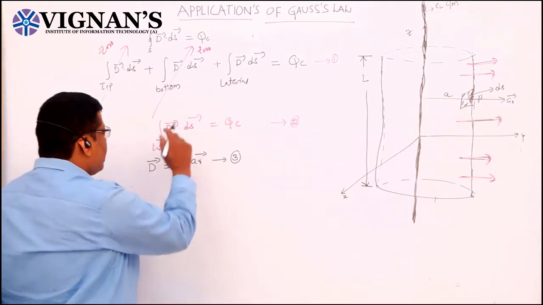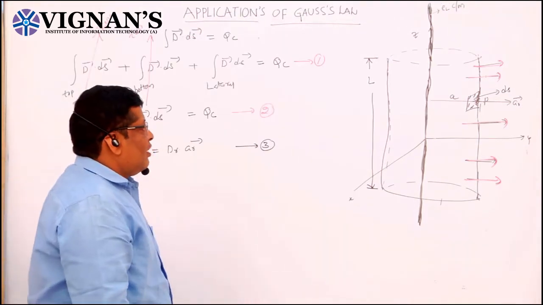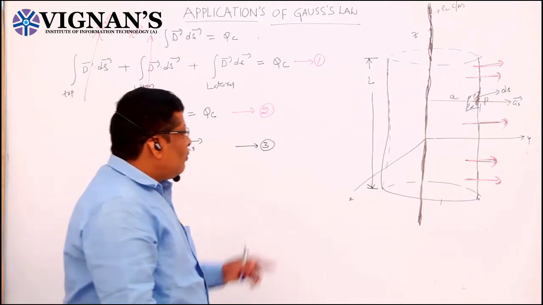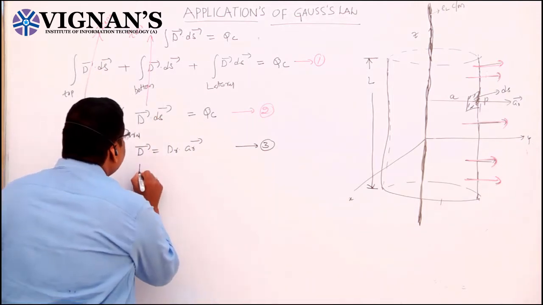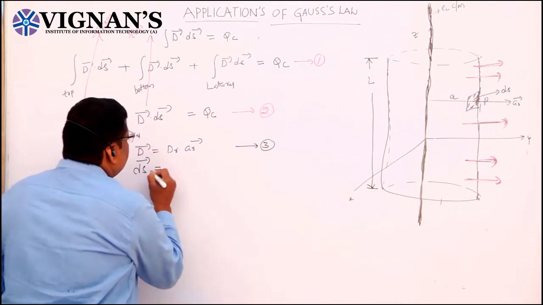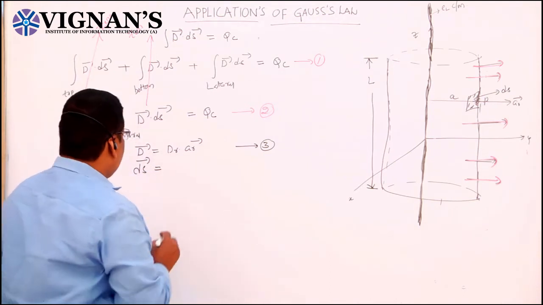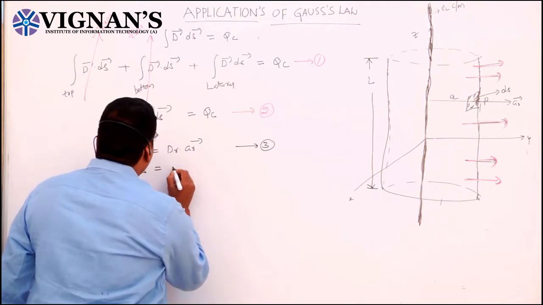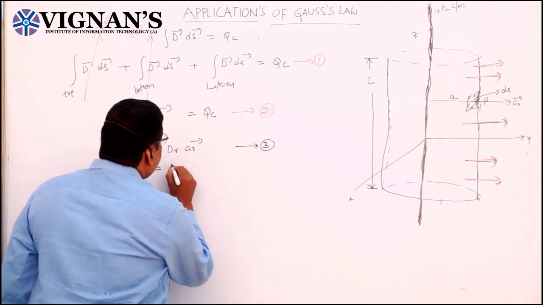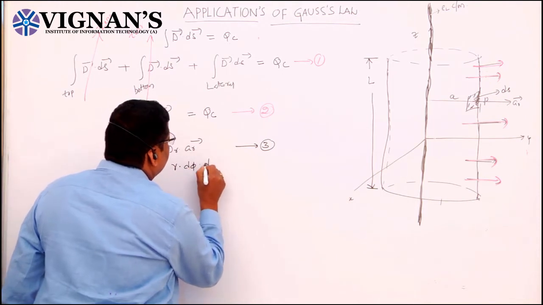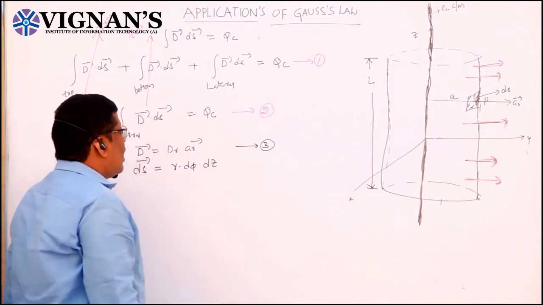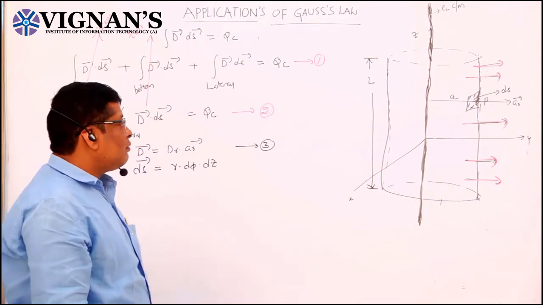Now the dS bar. The differential surface area in a cylindrical coordinate system perpendicular to the radius, dS bar equal to r into dφ into dz.